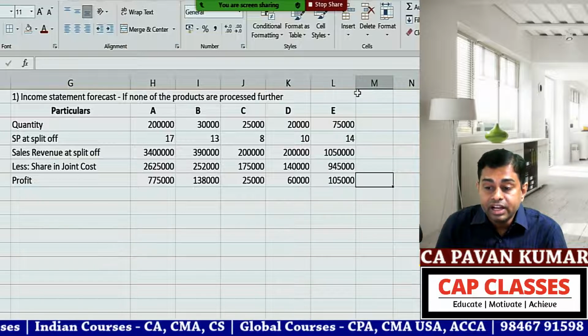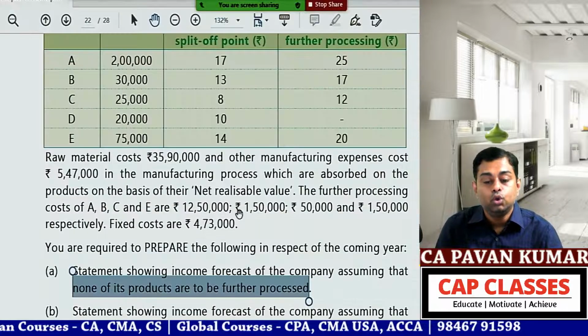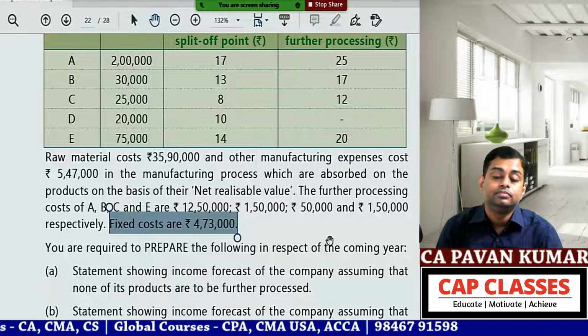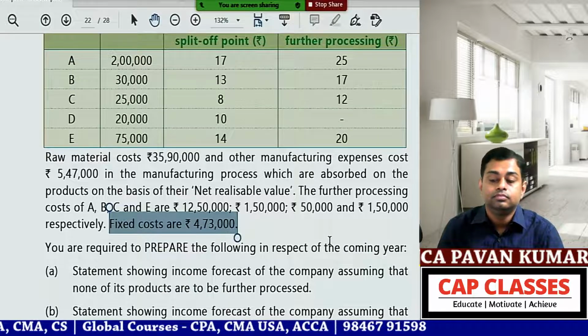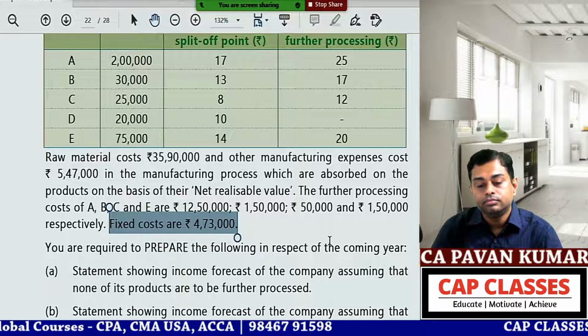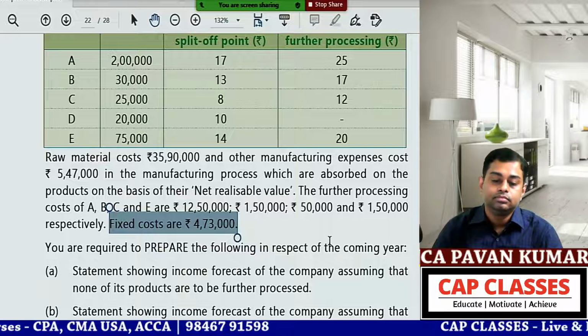So, do we have any other cost? Who will bear this fixed cost of 4,73,000? Should I subtract it? Yes, sir. How? Contribution ratio?